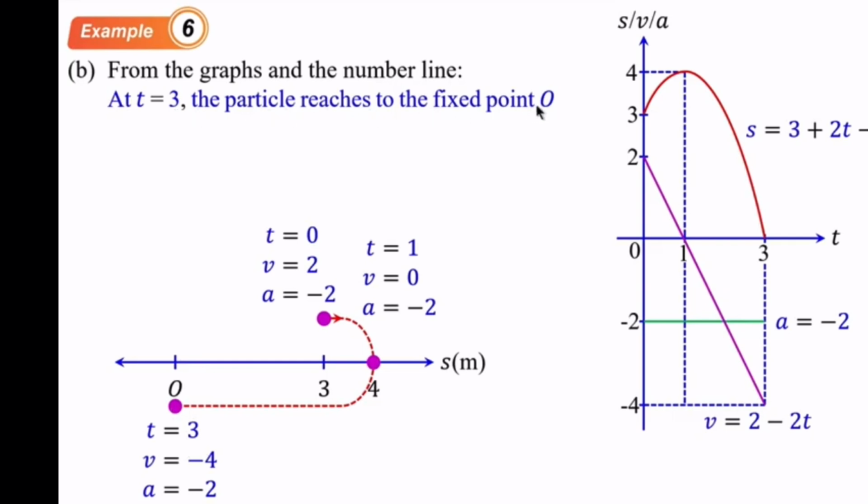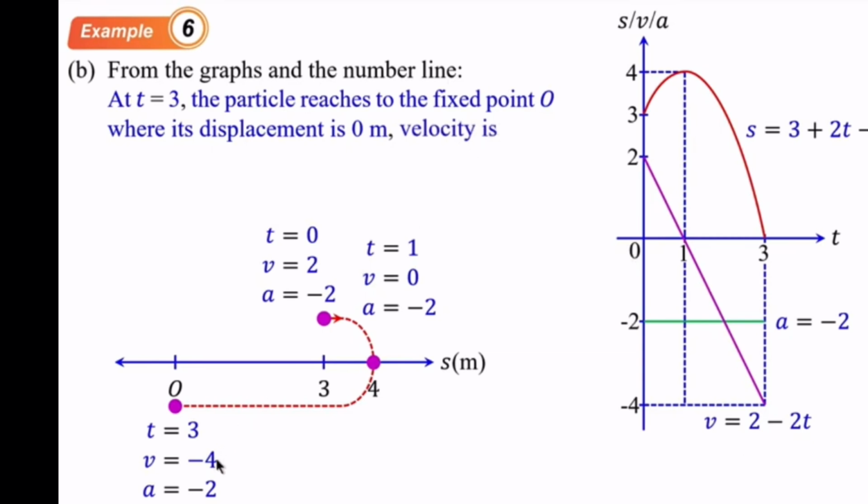So at t equal to 3 seconds, the particle reaches the fixed point O, where its displacement is 0 meters, and hence we can find out the velocity of the particle.